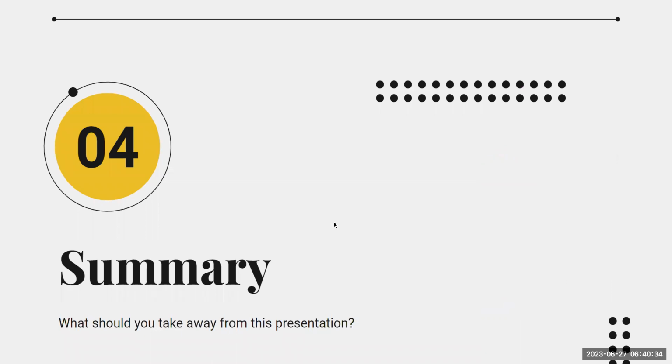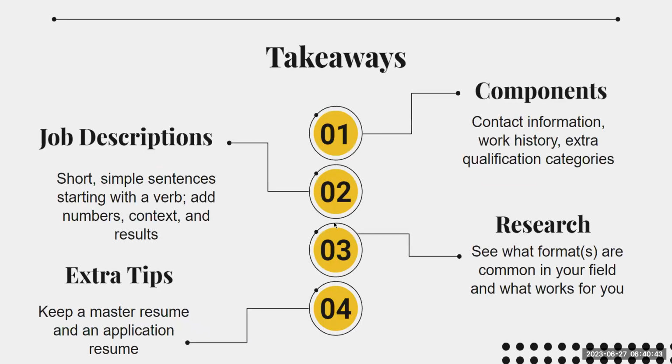Okay, so I talked about a lot of different things in this presentation. The four takeaways that you should remember are, first, the main parts of your resume, which are your contact info, experience, and your additional qualifications.